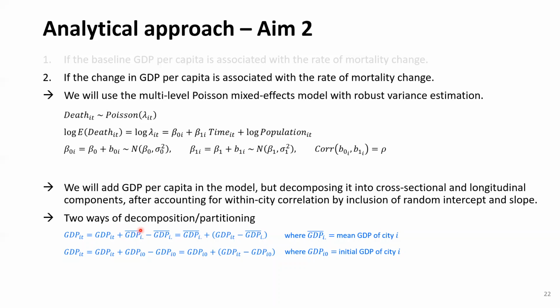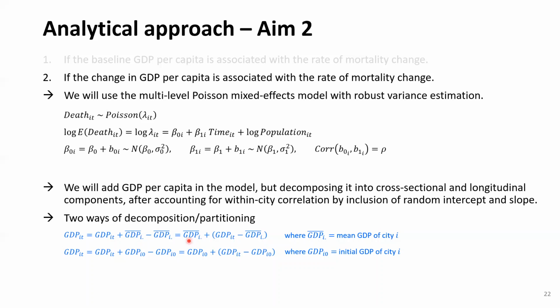Bar means average, and i means city i. And because we took the average, there is no time component, and that is the reason why you see a dot here. So I added this quantity, and also I subtracted this quantity. When you do this math, this one and this one cancel out, which is the same as GDP_it. Then here I just reordered these three terms.